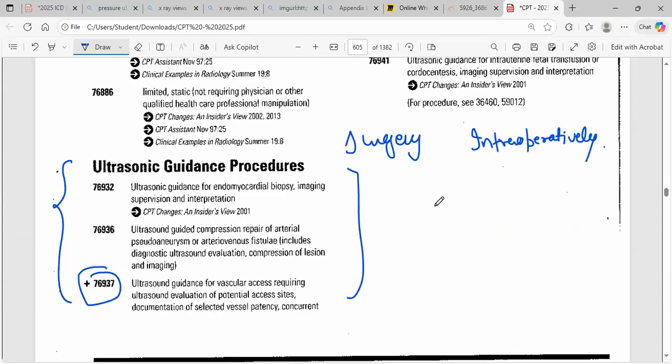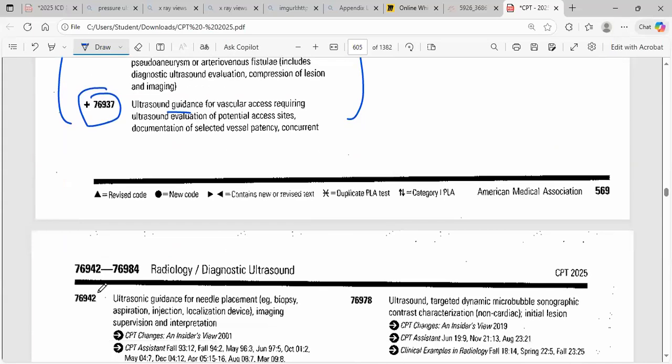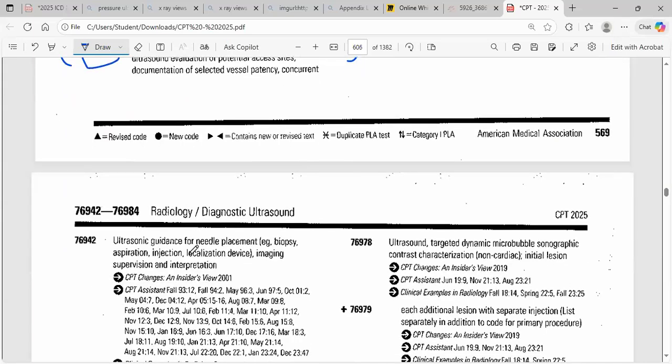So our first code is 76937, for the vascular guidance. If ultrasound guidance is used for the vascular access, then we are going to use 76937. If it is a non-vascular guidance, like any procedure for needle placement or aspirations, then we are going to use 76942.